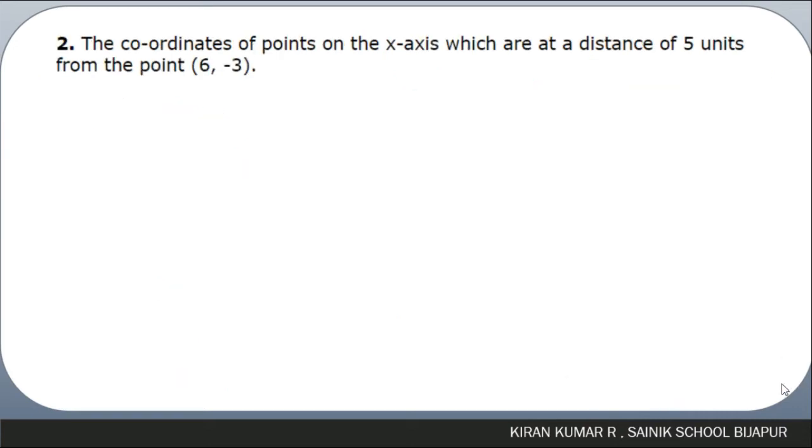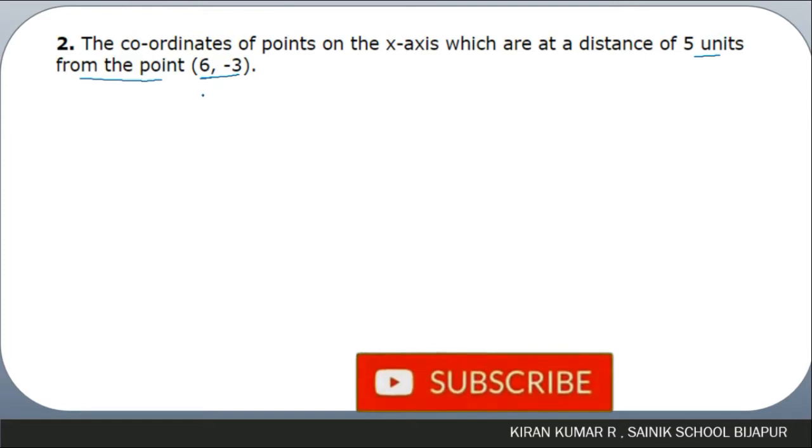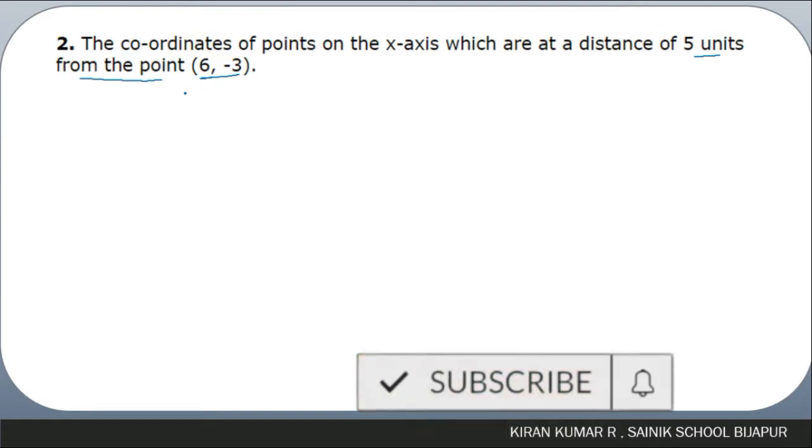Let us take the second one. Find the coordinates of points on the x-axis which are at distance 5 units from the point 6, minus 3. Here they have given that the point is on the x-axis.